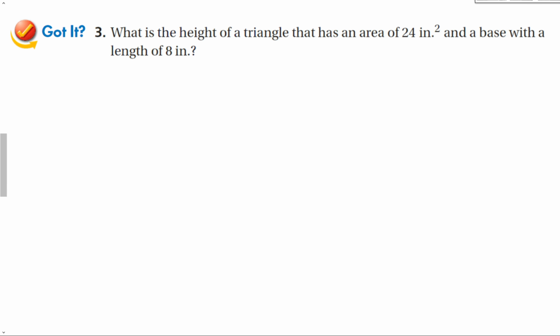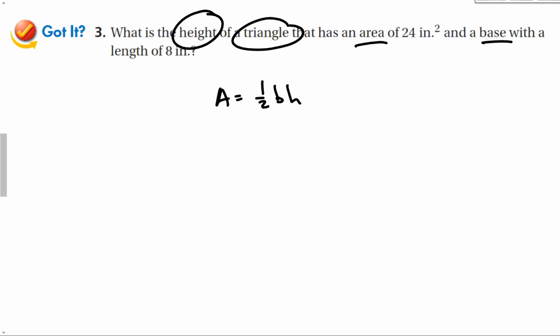Height of a triangle that has an area of 24 and a base with a length of 8. So the area of a triangle is 1/2 the base times the height. So the area is 24 and the base has a length of 8, and I want to know the height.